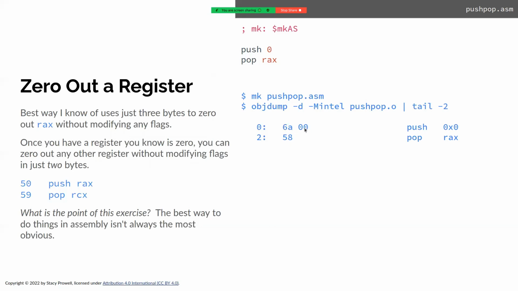And this actually pushes a 64-bit 0 onto the stack, because of course it does, because nothing in assembly makes sense. So that pushes an 8-byte or 64-bit 0 onto the stack, and then this pops it off, and that will do it. And I've seen this used in a variety of places.